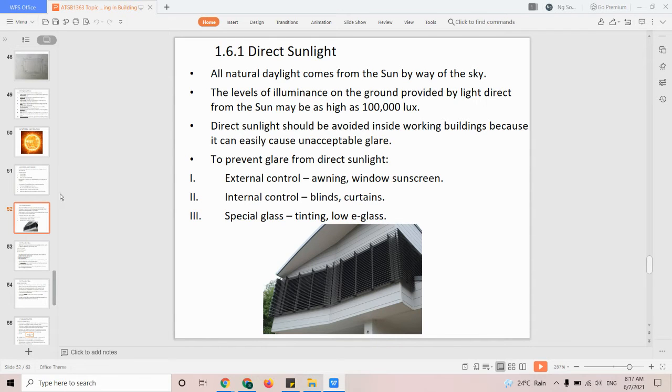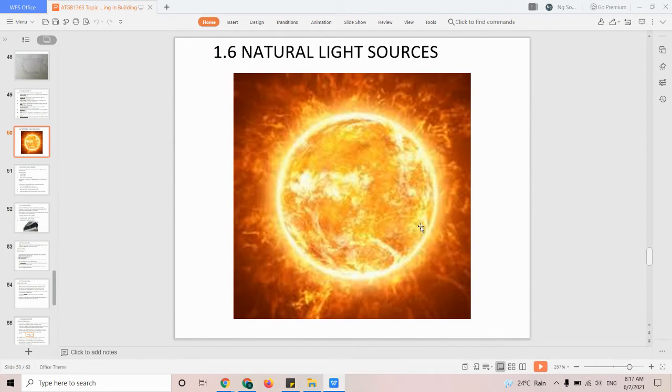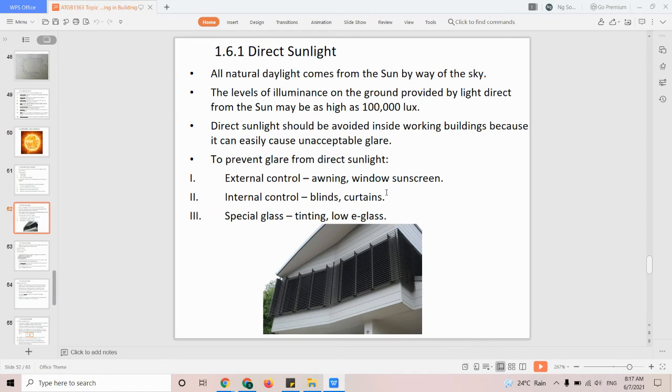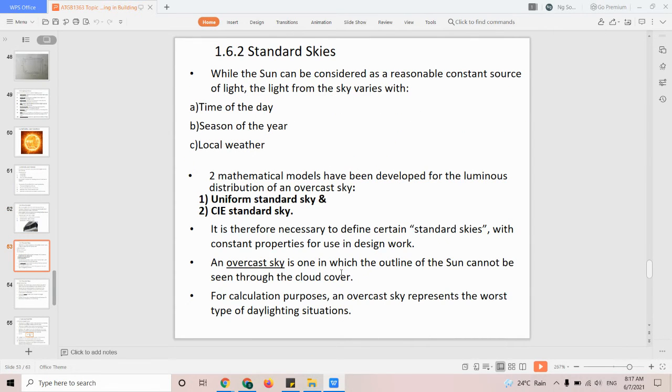But natural lighting from the sun, although it is free, is actually very, very bright, and we have not much ways to control it except for these few methods, which is to prevent unwanted glare from the direct sunlight due to the high brightness. But then again, it's free lah, so you always try to want to use it.